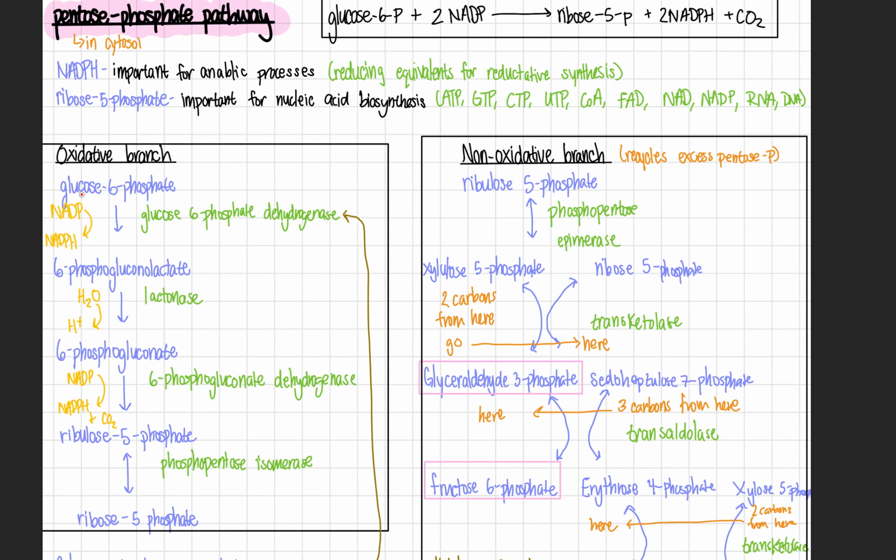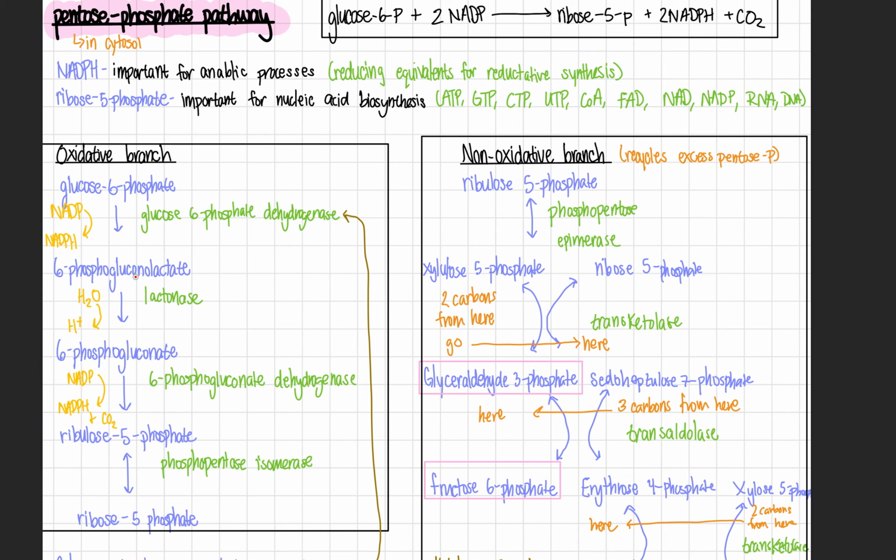Since the name of this molecule is glucose 6-phosphate and it's going through a dehydrogenase process, the name of the enzyme is literally just the name of the molecule, glucose 6-phosphate, followed by the word dehydrogenase. So we have glucose 6-phosphate going to 6-phosphogluconolactone. In this process, NADP is going to NADPH, and we use the enzyme glucose 6-phosphate dehydrogenase.